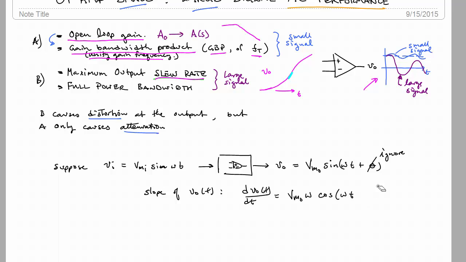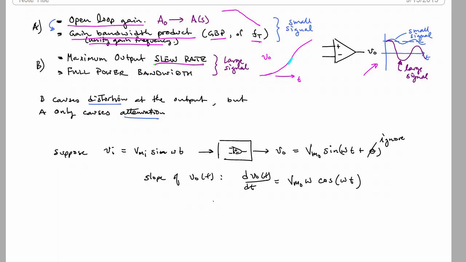Okay, I'm going to ignore the theta. The maximum slope is going to occur when cosine is 1 or minus 1. So it's going to be omega times VMO, which we can write as 2 pi times the frequency times VMO.